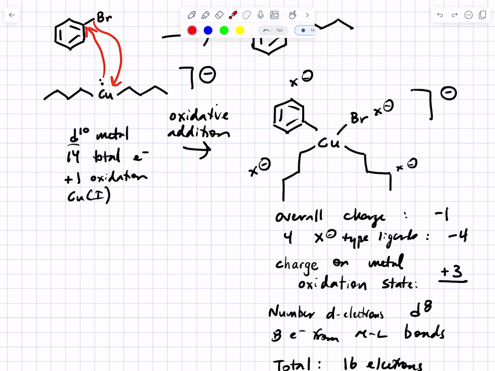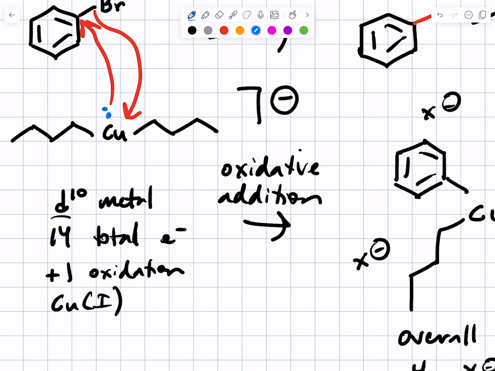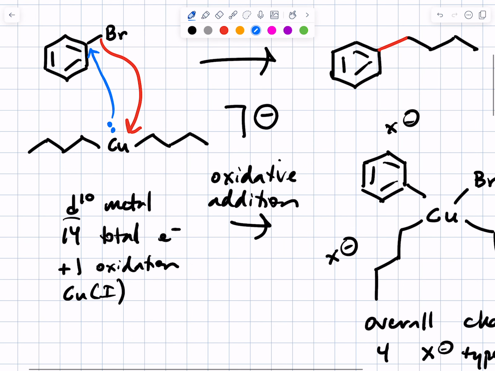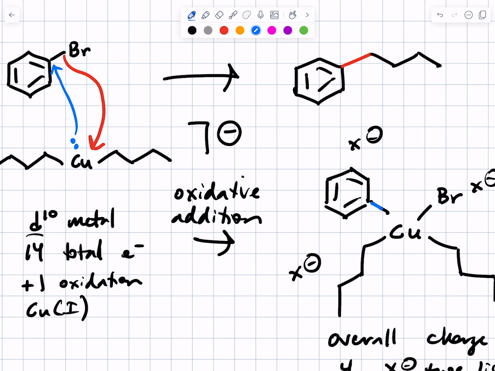So if you want to, label things and sort of pretend these 2 electrons are the ones that attack the carbon, then we would say that the electrons from the carbon-metal bond came from the metal, and the electrons from the copper-bromine bond came from the carbon-bromine bond. You can't tell really which one is blue and which one is red, but for keeping track of things, that's our purpose.